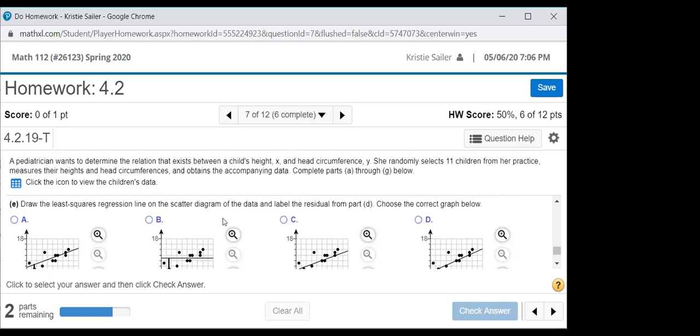Alright, let me change my data so that it's not quite so perfect: 10, 9, 3, 2. I'm playing with something because I want to show you something here.